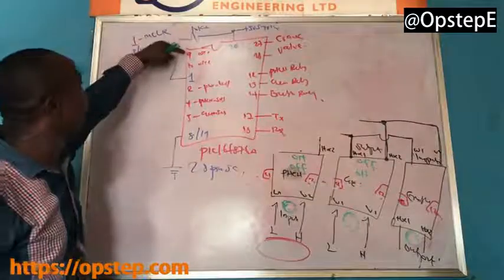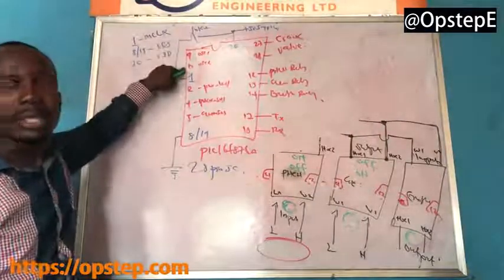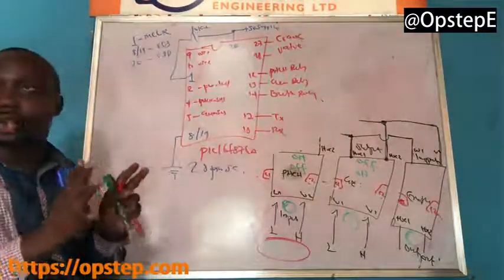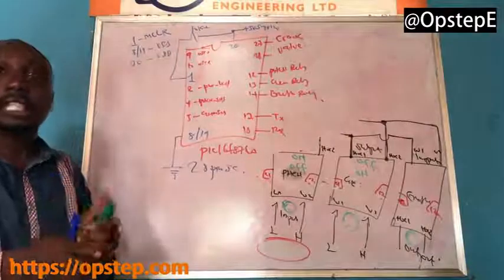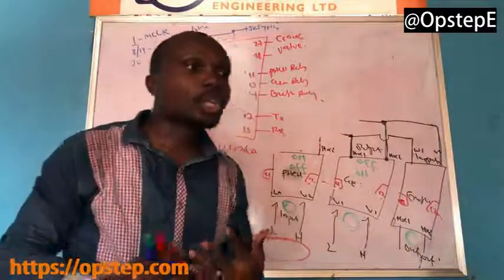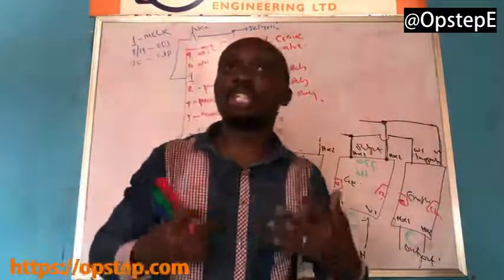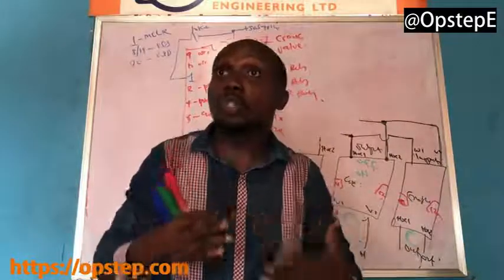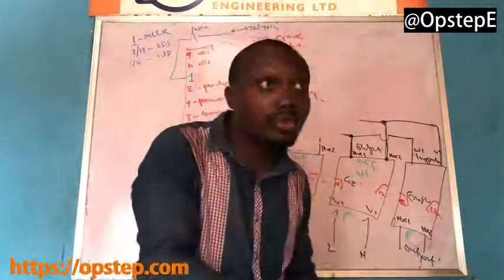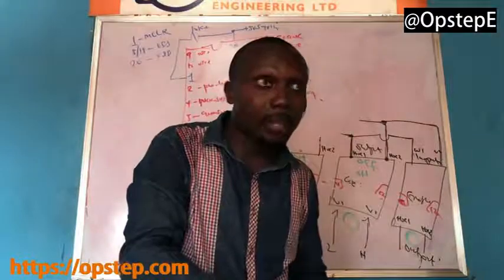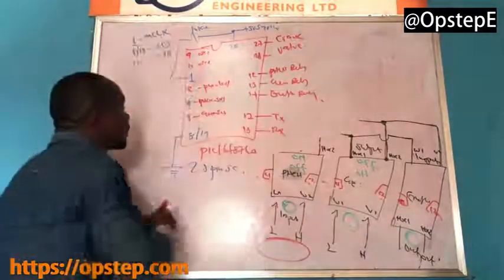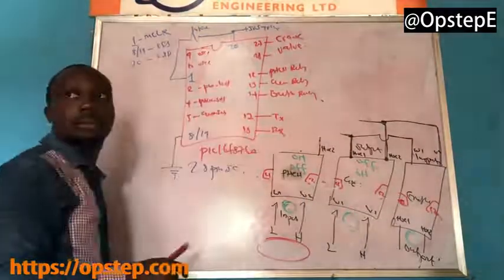Now there's pin 9 and pin 10. That pin 9 and pin 10 is where your oscillator stays. The microcontroller has an oscillator. The oscillator is from where it generates pulses to execute its instructions. Are you following me? That pin is your pin 9 and 10.